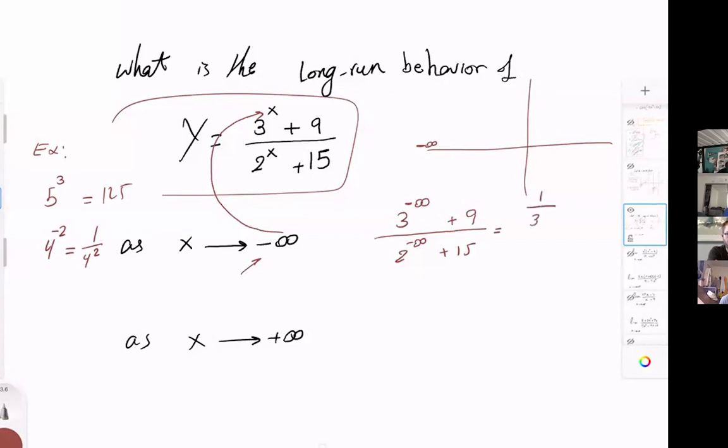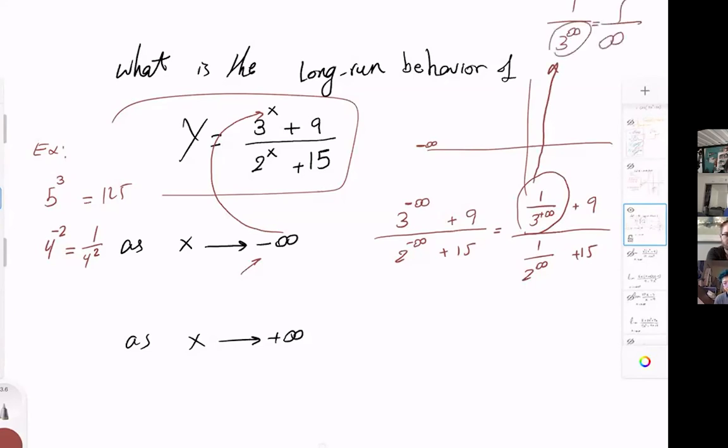So here I make it positive: 1 over 3 to the power of infinity plus 9, over 1 over 2 to the power of infinity plus 15. What is 1 over 3 to the power of infinity? 3 to the power of infinity is a huge number. 1 over infinity, what do we get? 0, right? 1 over a big number is 0.